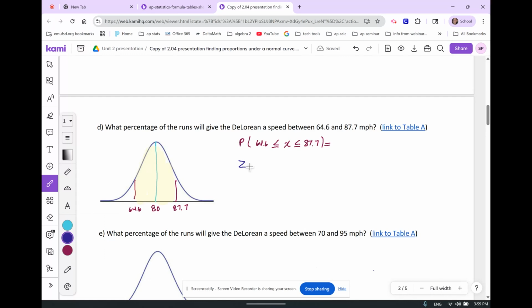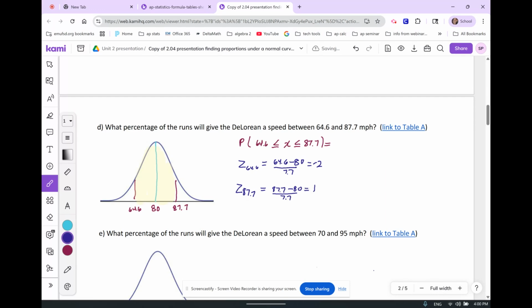So the z of 64.6 is equal to 64.6 minus 80 over the standard deviation of 7.7, and that gives me a value of -2. And now z of 87.7 is 87.7 minus 80 over 7.7, which is 1.